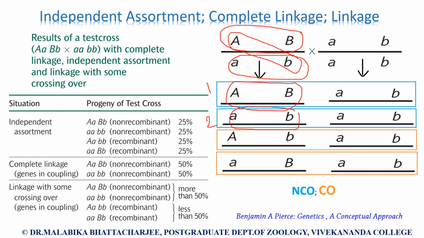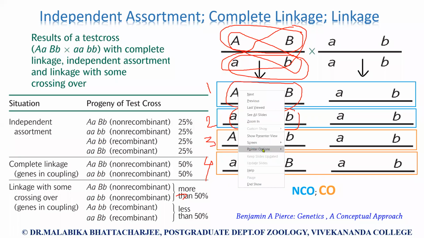So capital A small b, and then small a capital B. This is another crossover product. So as you can see, the third individual and the fourth individual are actually crossover products.